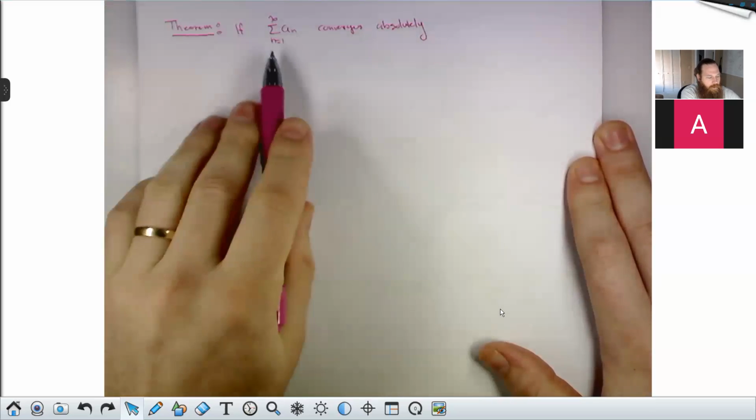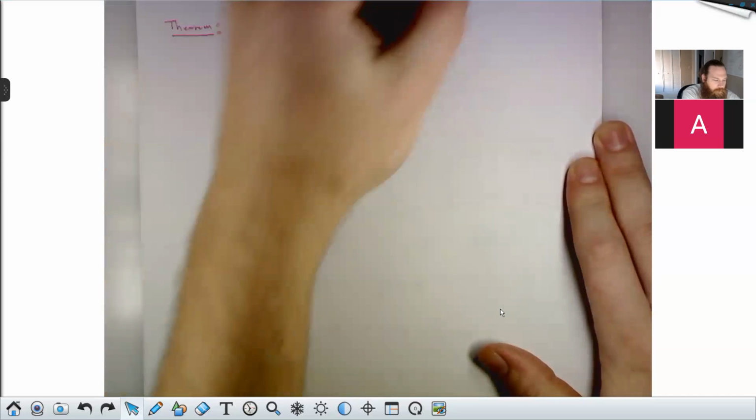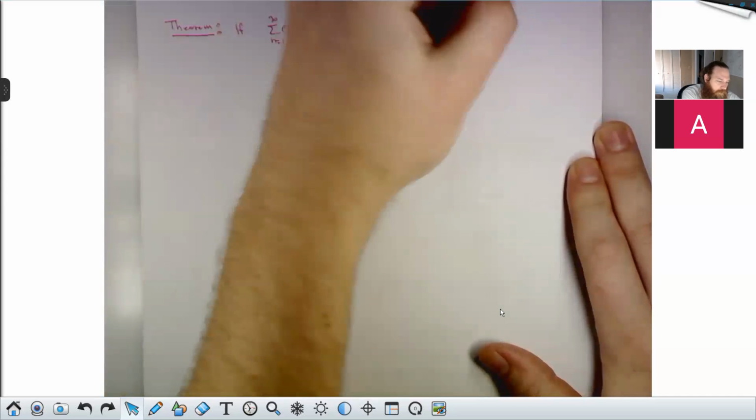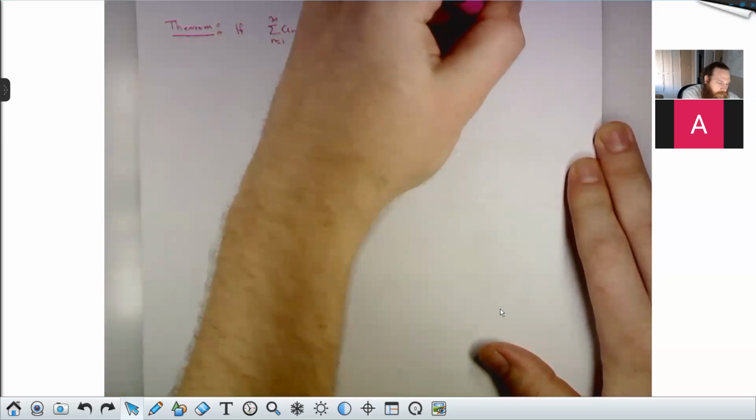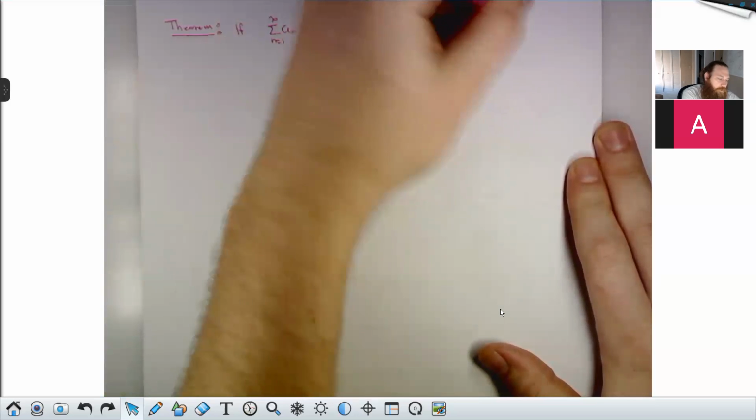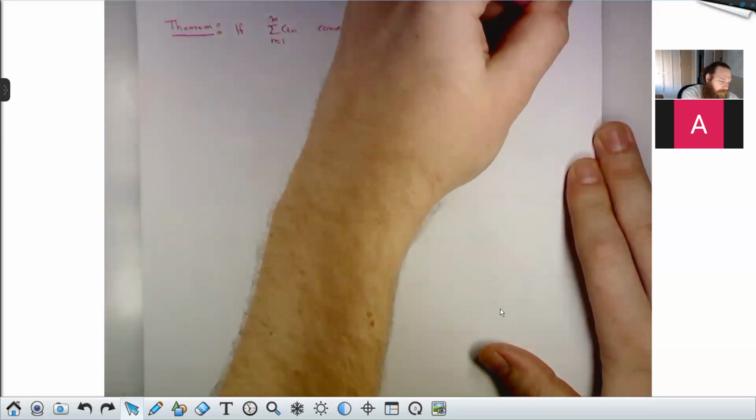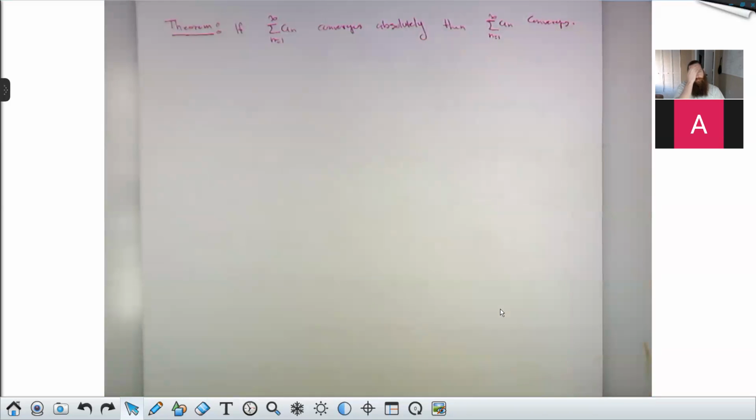If sigma an converges absolutely, then sigma an converges in the normal sense. In other words, every absolutely convergent series is convergent in the traditional way. And this is a consequence of what we call the triangle inequality in mathematics.